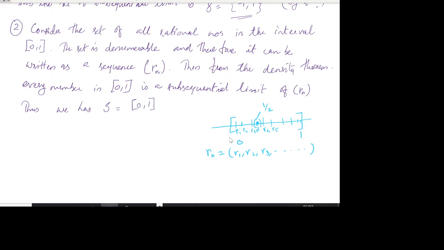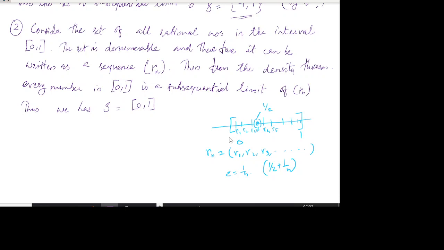Then if you take an epsilon neighborhood of 1/2, you can take epsilon equal to 1/n also. So I will get a sequence 1/2 + 1/n, which is definitely a sequence in this closed interval [0, 1]. Every term will come in this fashion, so every point of this interval is going to be a limit point of sequences.